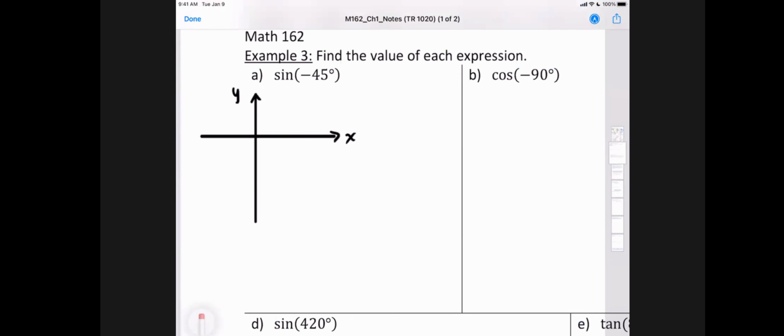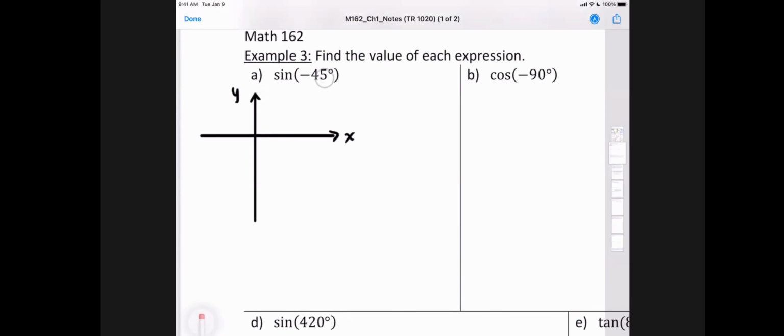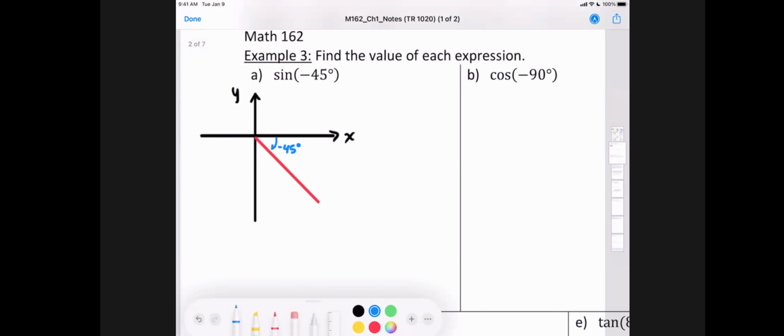Since this angle is negative 45 degrees, we measure 45 degrees clockwise because of the negative, and we stop. That gives us negative 45 degrees, and so we're in the 45-45 case.